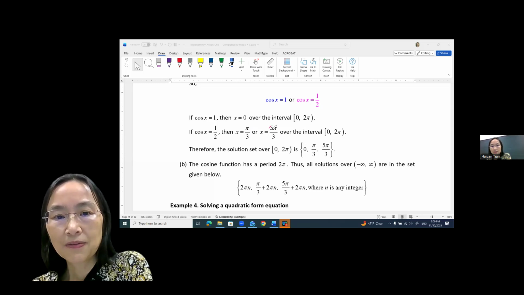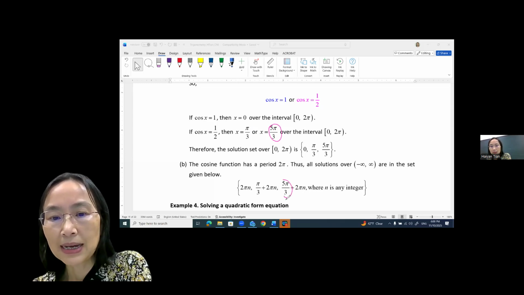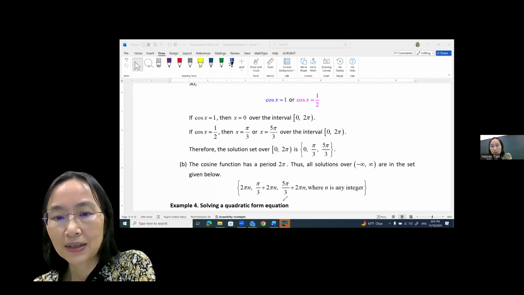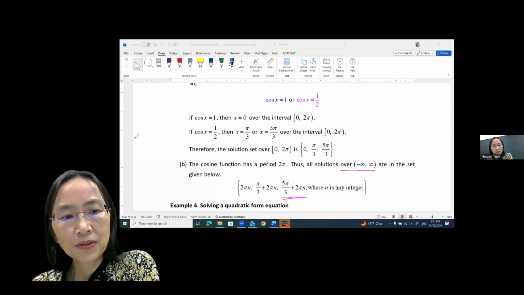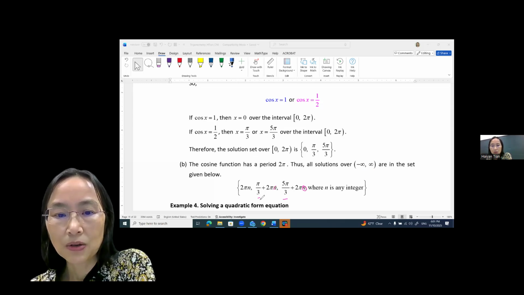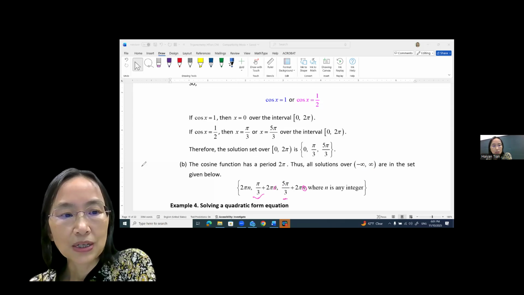And again, for 5 pi over 3, if we add an integer multiple of 2 pi, we can find all the solutions over the interval. Of course, all these solutions include pi over 3 and 5 pi over 3, as long as n is 0, including that special solution as well.